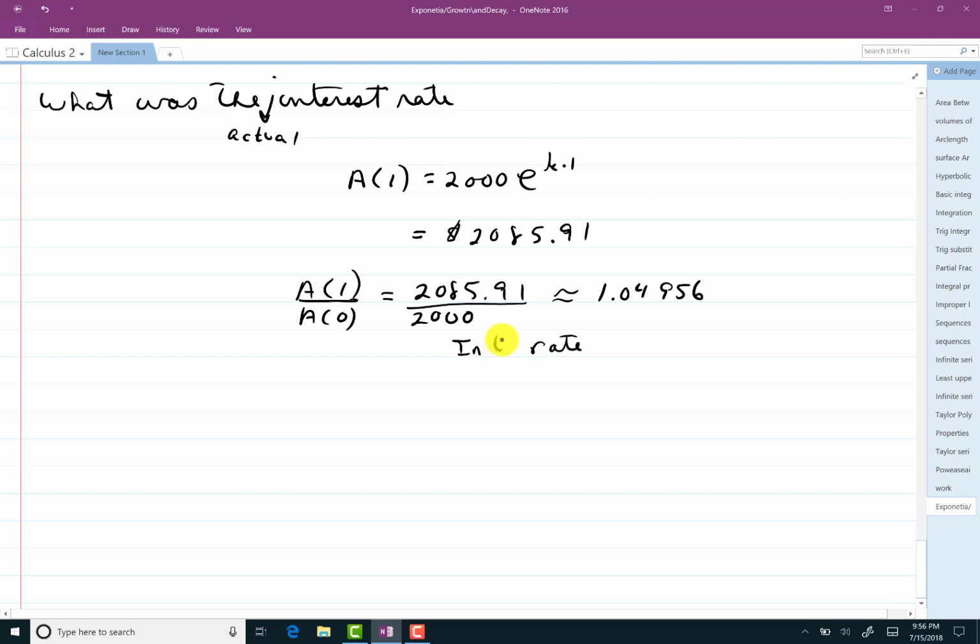We'll call it int rate. It is approximately 0.04956, or I'm missing a thing here. There's a 2 in there that I forgot.